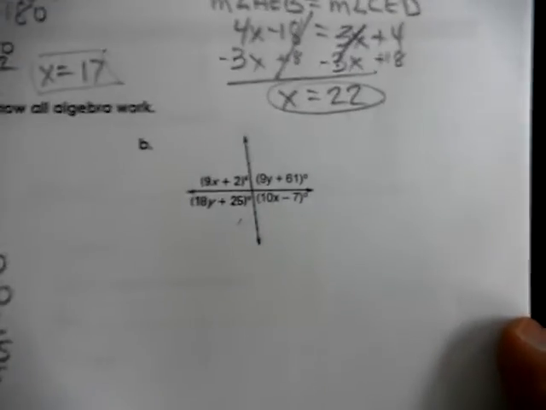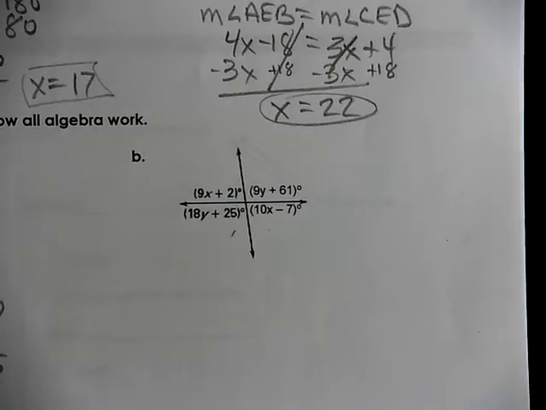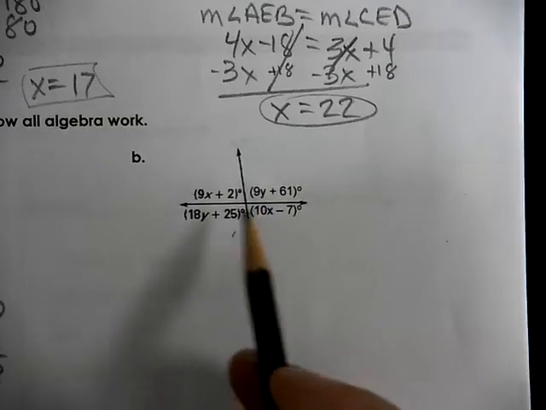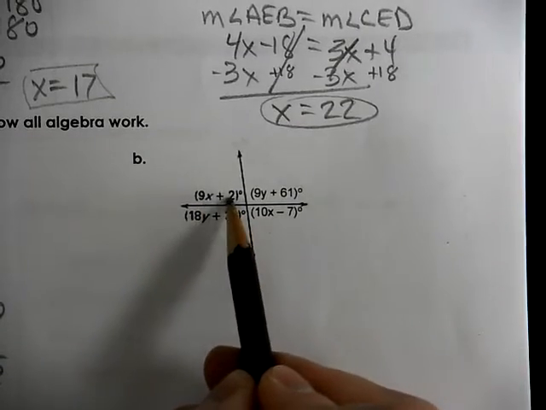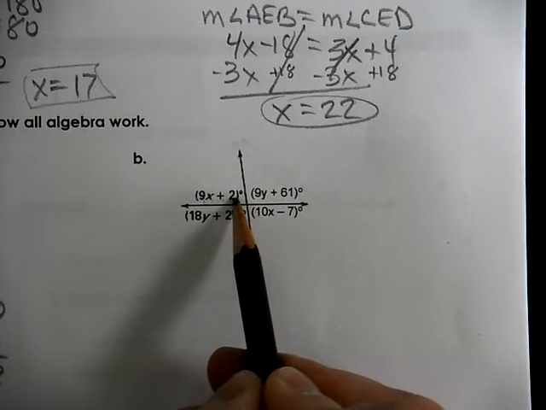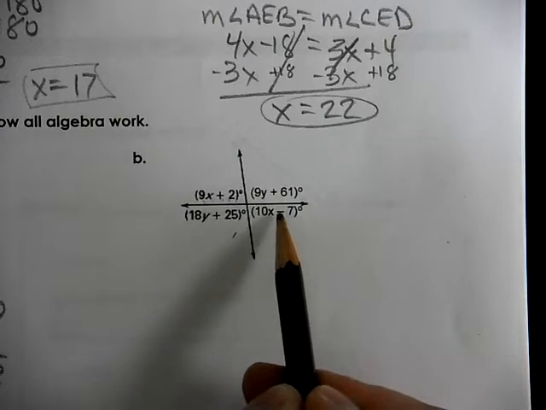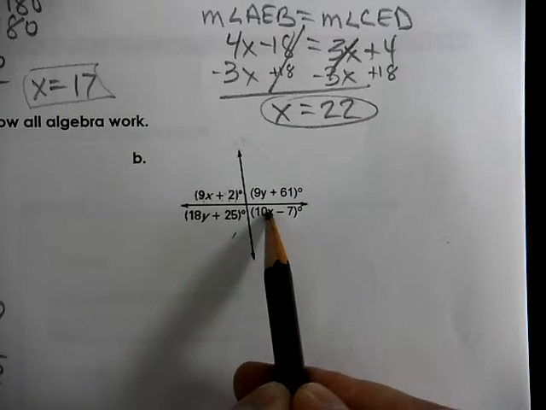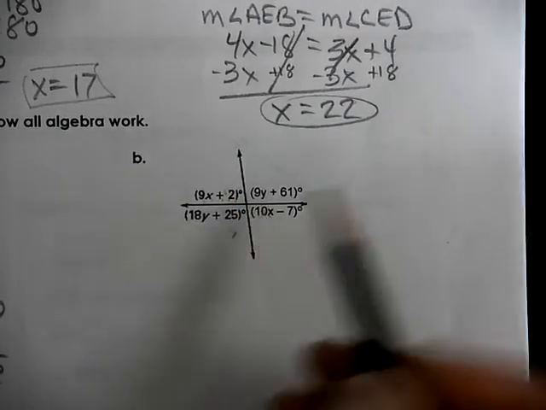On this side over here, which two angles should we look at first? What pair of angles? How are we going to write an equation here? What do you see? 9x plus 2, and you know you have a 10x minus 7. What's their relationship to each other? They both have x's, and they are vertical angles.